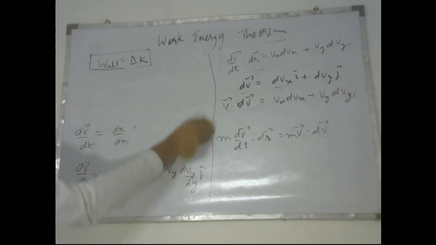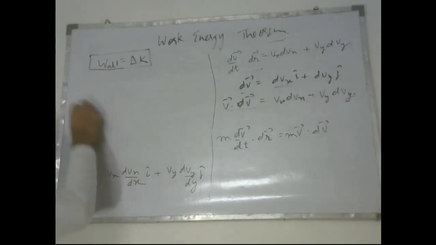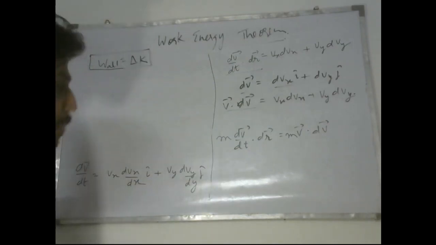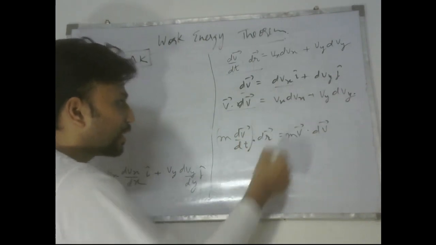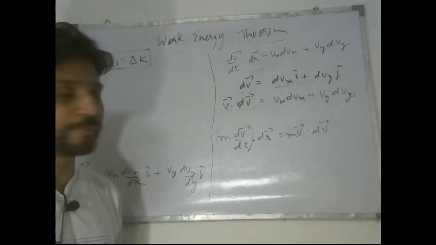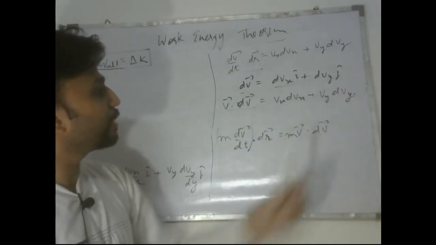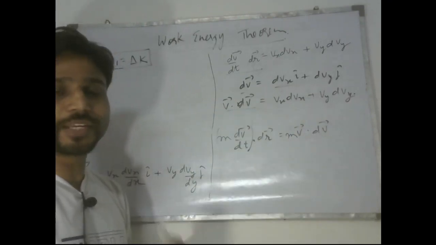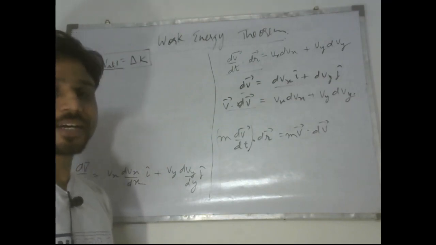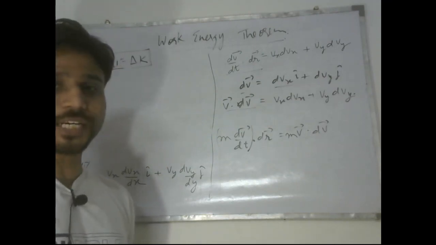I have not even written force yet, but now you will notice, yes, now force is coming, right? This is force, this is dot dr, and this is work done, and this is work done, mv dot dv. If we integrate v dv, we get v square upon 2, and that is kinetic energy. So we have proved the work energy theorem.